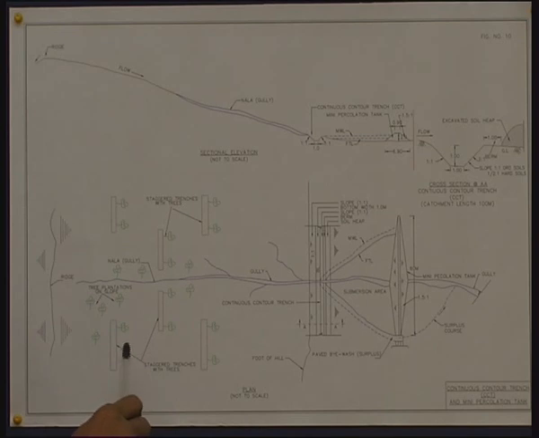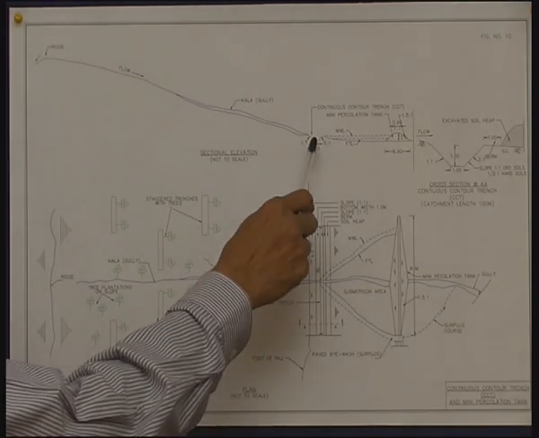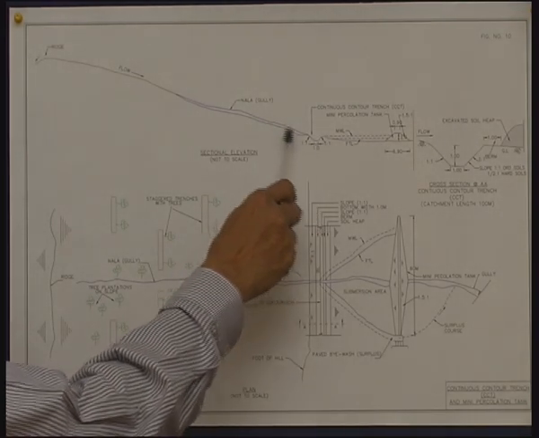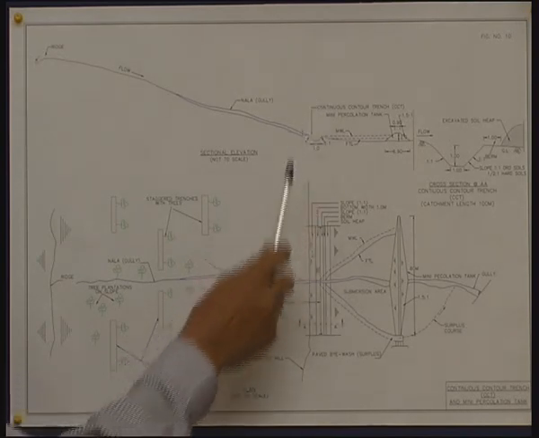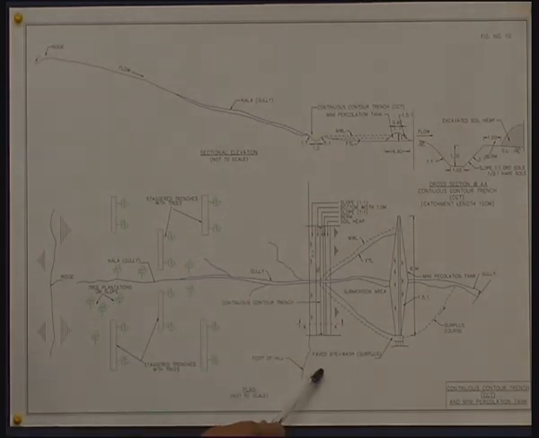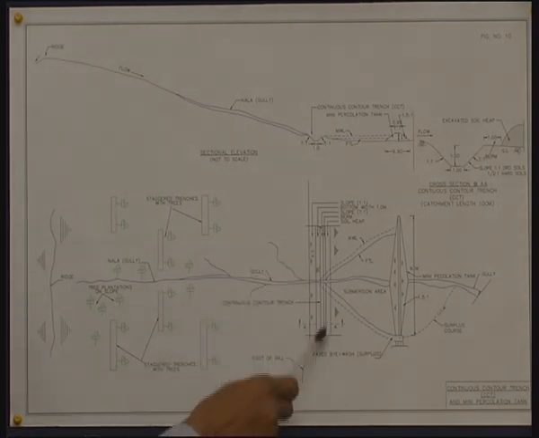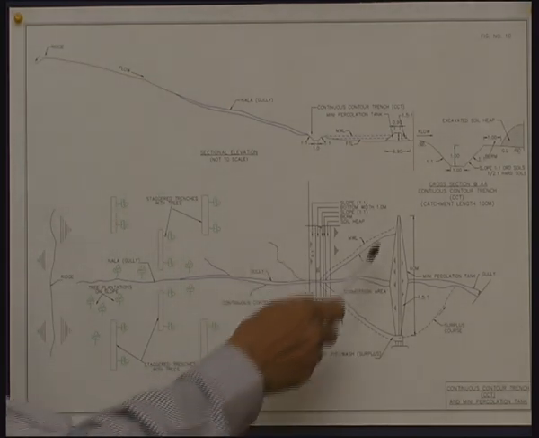In such a situation, we can construct a continuous contour trench along the foot of the hill or foot of the steep slope, as shown here in the sectional elevation and again as shown here in the plan. This is a trench something like this.